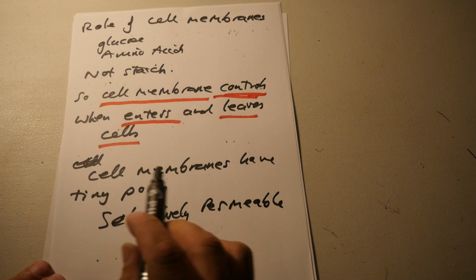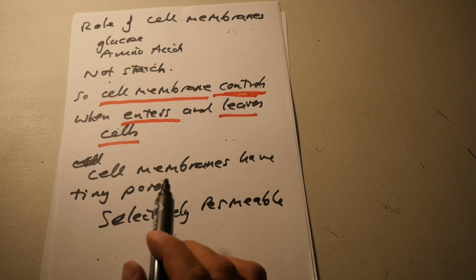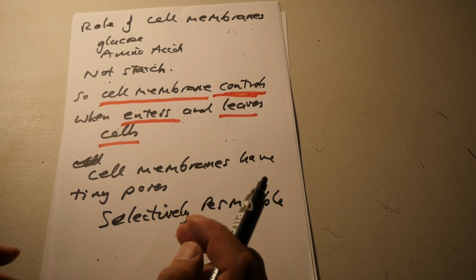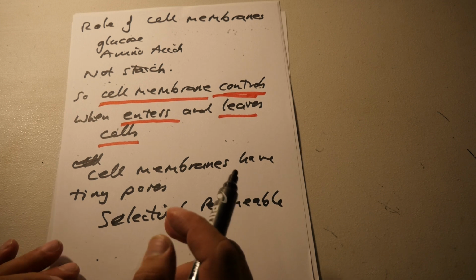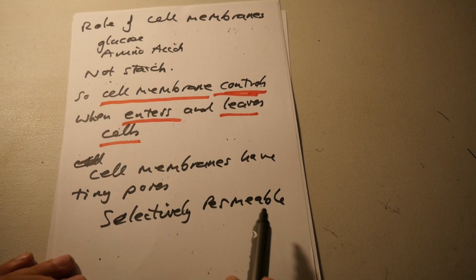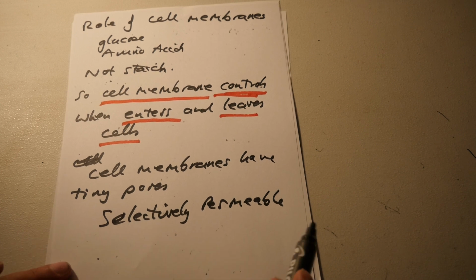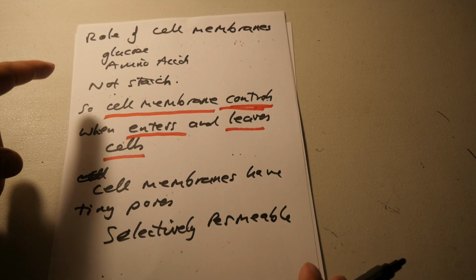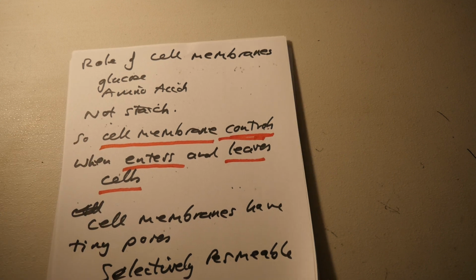Because they have these tiny pores in them, and there are lots of lipids making up this bilayer, the fluid mosaic model, they are selectively permeable. Small particles can get through, big ones cannot.